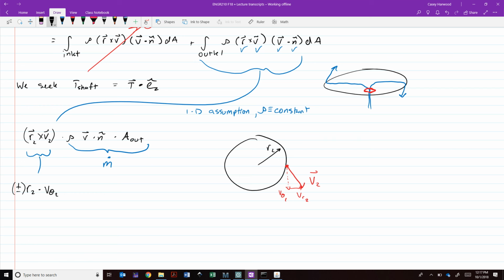And the plus or minus sign is going to be dictated by the right-hand rule. In other words, you need to look at the direction of V, and you need to look at the range vector R and determine whether or not that cross product is going to be positive or negative. For example, what we're showing right here, this little sketch that I made, would it be positive or negative?